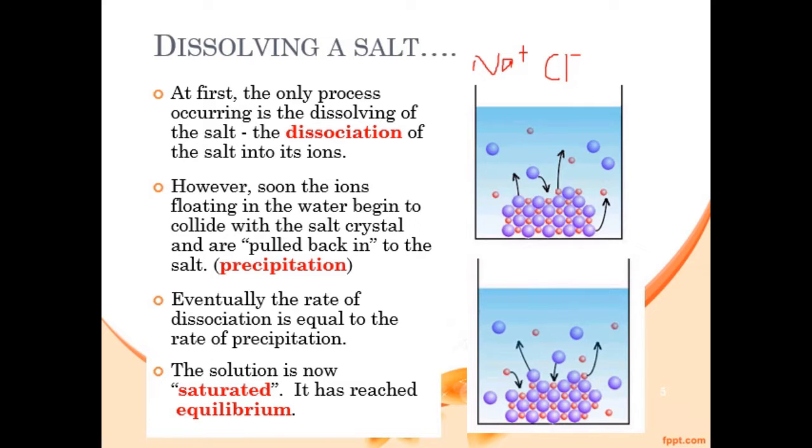However, soon the ions floating in the water begin to collide with the salt crystal, and then get pulled back into the salt, so they precipitate. So the free ions just now can be pulled back into the salt crystal, and this is called precipitation.